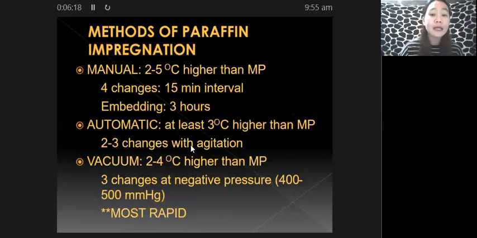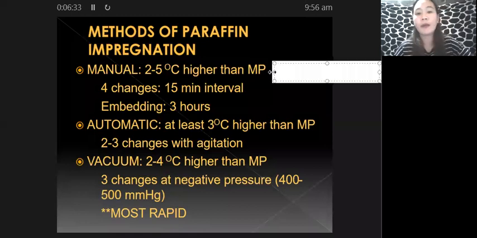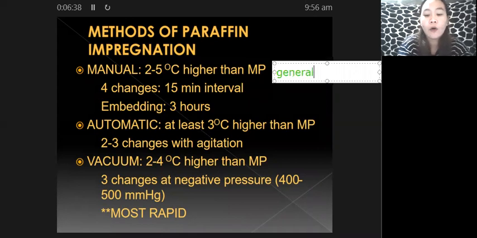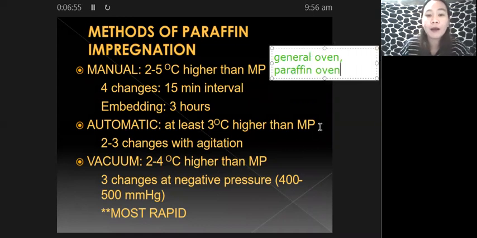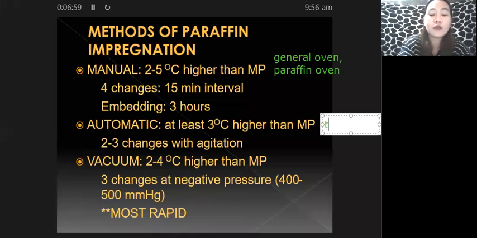Oh, I forgot to mention, the equipment that we use for your manual tissue processing is either the general oven, which is also utilized in other sections of the laboratory, or your paraffin oven if it is available in the laboratory. For our automatic paraffin impregnation, we make use of our tissue processors.